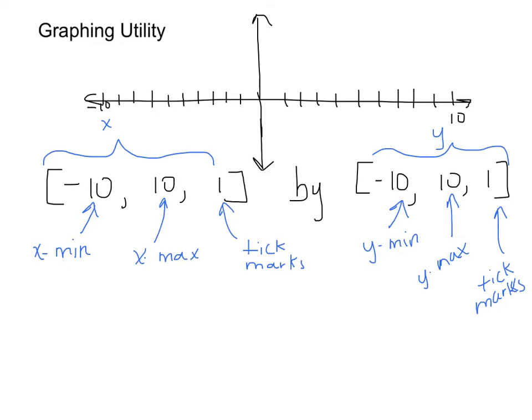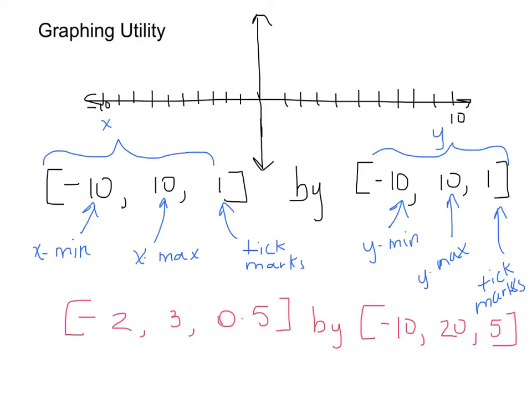For example, if you see something like this, this means these are your x, these are your y values, and we're going from -2 to 3, but we're counting by halves.